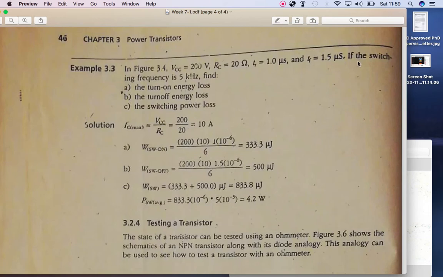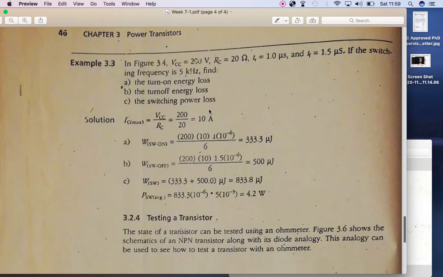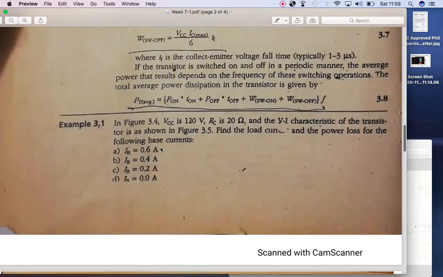And then we are using the formula of the switching on energy loss. We are putting the value of this IC over here, the VCC over here, divided by 6, multiplied by the turn on switching time over here, which is this one value, and to calculate the switching off energy loss, we are putting the value of this one over here, and the other values are the same.